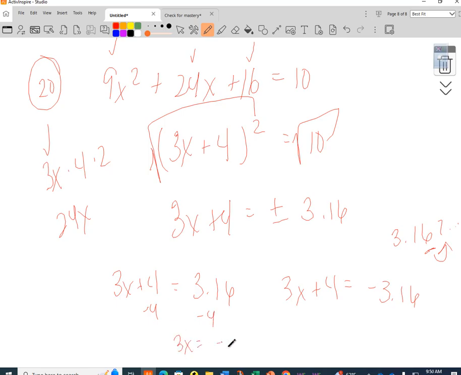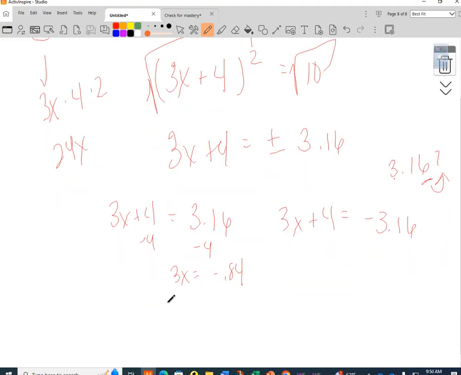3x equals negative 0.84. Divide both sides by 3. And if I remember from first period, there's negative 0.28. Say it again. Can you do it for me? 0.84 divided by 3. Yes, negative 0.28.